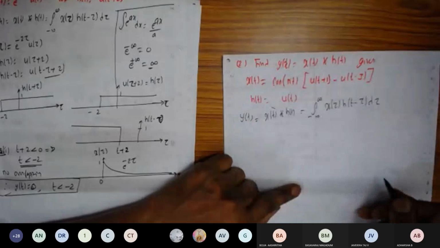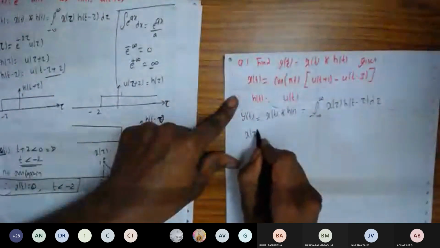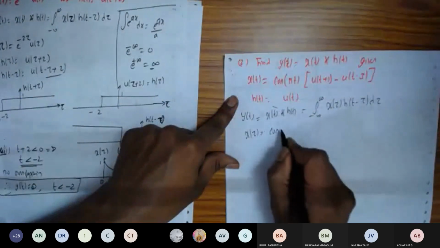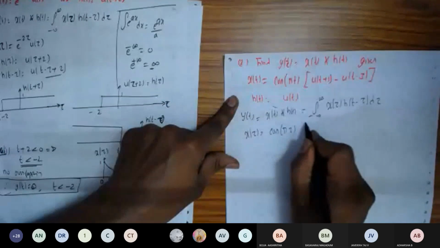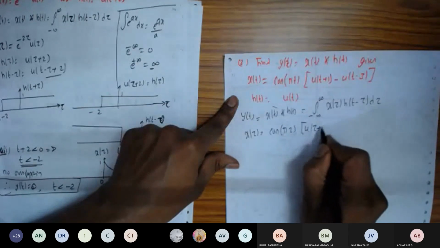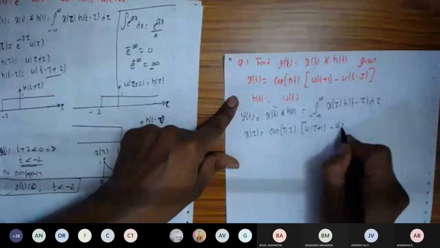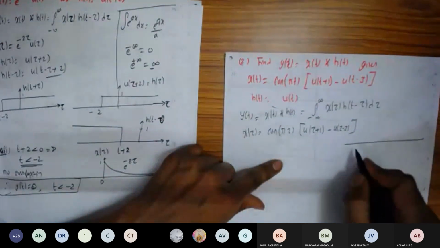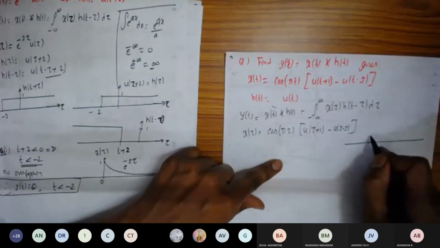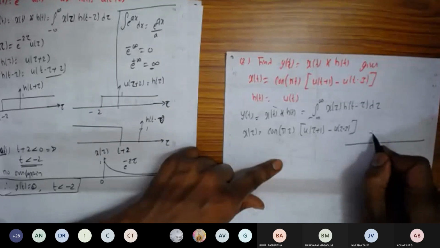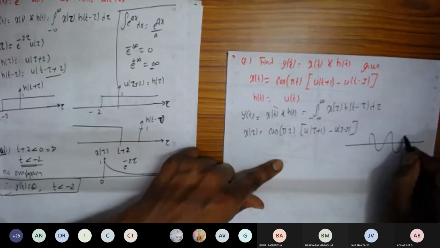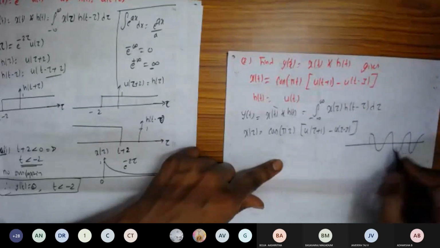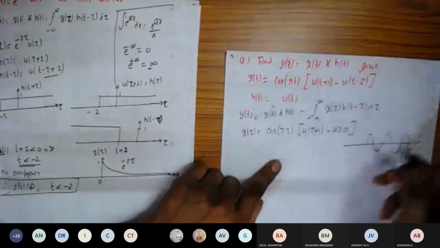So x of tau I'm going to define like this: cos pi tau into u of tau plus 1 minus u of tau minus 3. Okay, so the cos signal is going to exist from minus 1 to plus 3 here. So I'm going to draw the cos signal like this, not exactly as per this one. So this is minus 1.